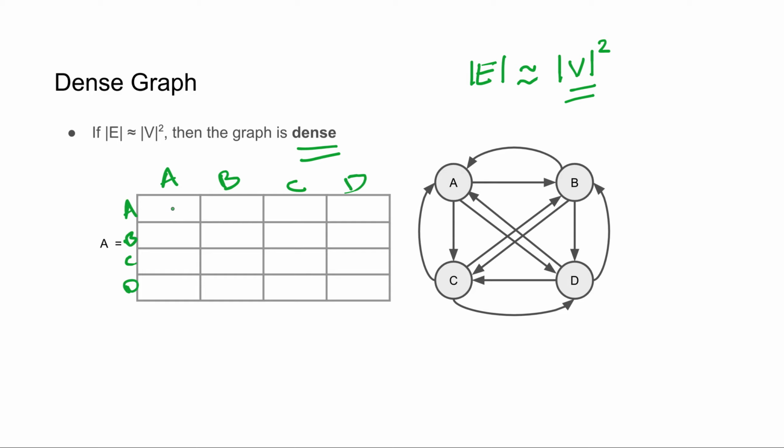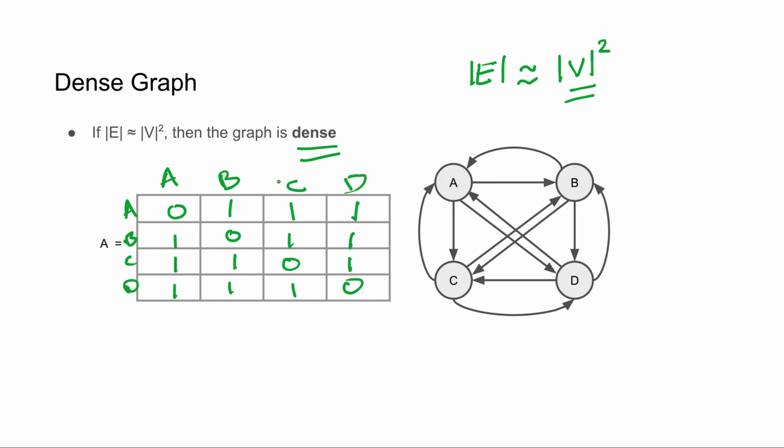Then there is no connection from A to A. There is no connection from B to B, not from C to C, and D to D connections are also not there. And you can see that there is a connection from A to B, A to C, A to D, then B to A, B to C, B to D, and C to A, C to B, and C to D, then D to A, then D to B, and D to C. So you can see that almost all the entries in this particular matrix are filled.